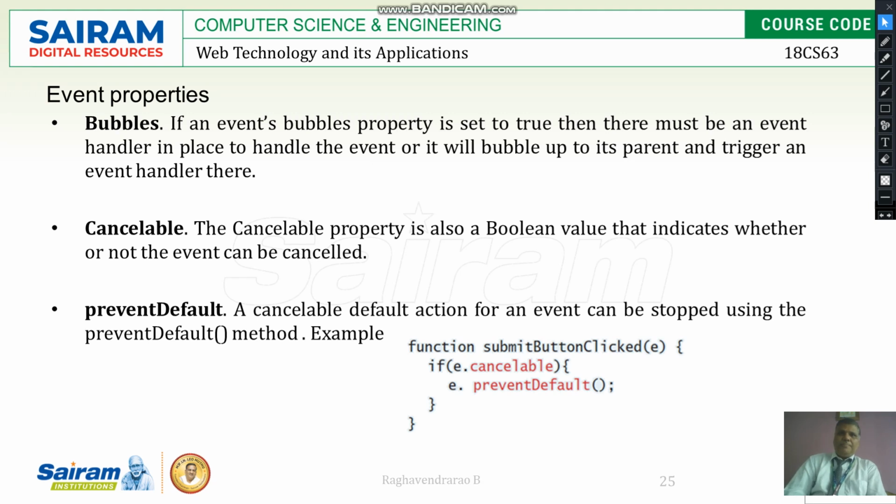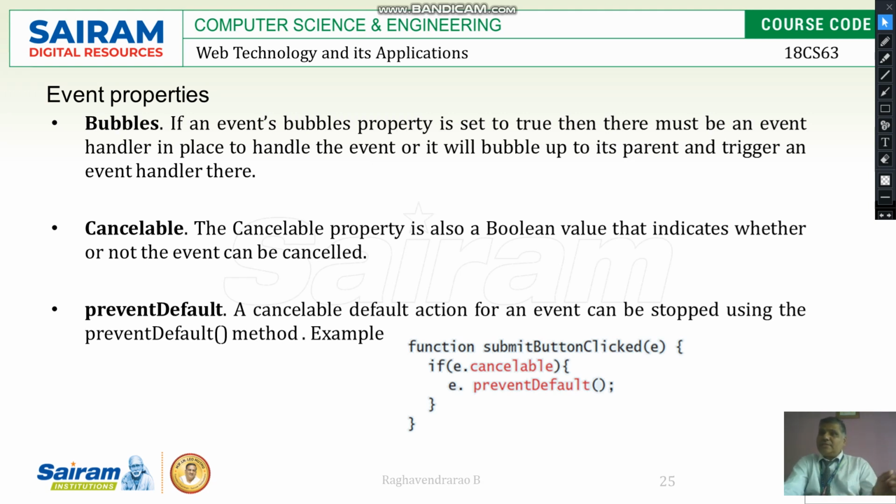Okay. Prevent default. Usually whenever errors are made, the program is going to stop automatically, and you will not know what exactly is happening. So to prevent the default, we will use the prevent default method here. An example is given here: the submit button is clicked, some event is going to happen, that is, the input is not given properly, and many other things might have happened.